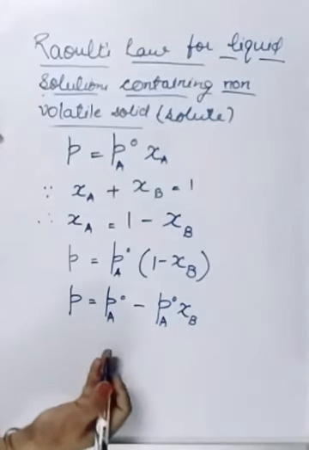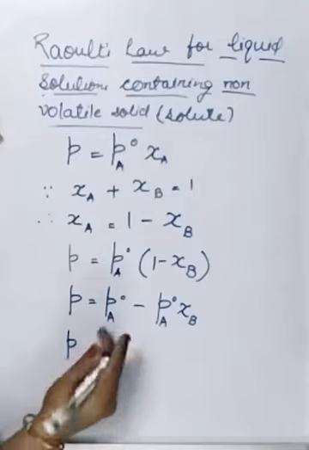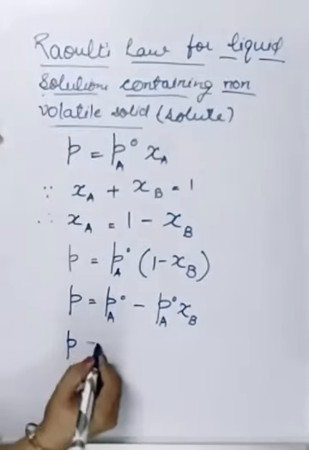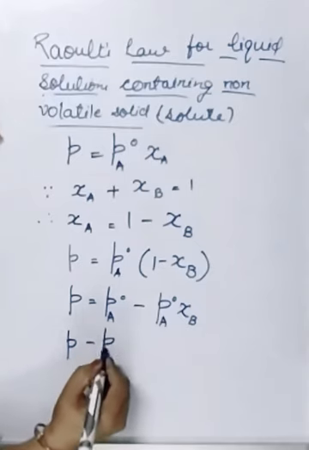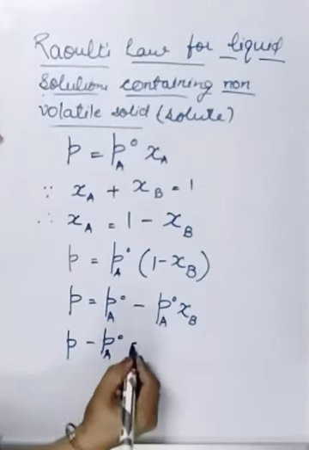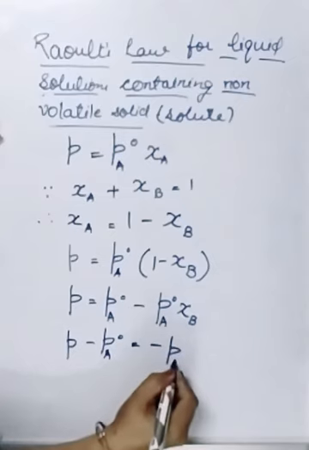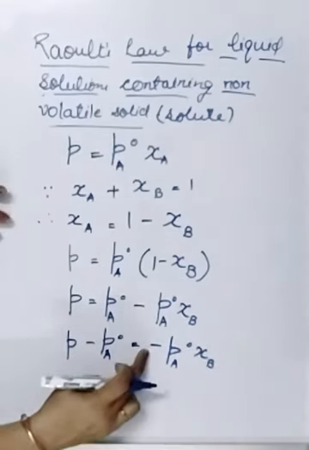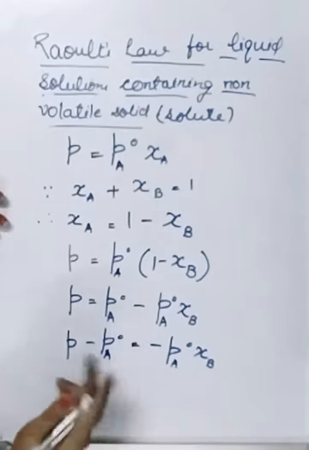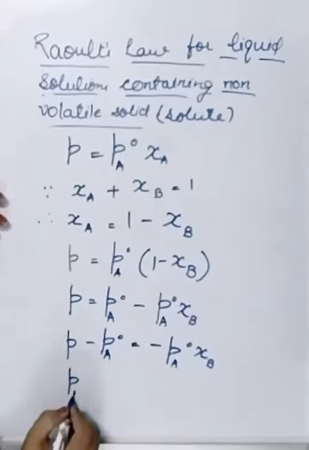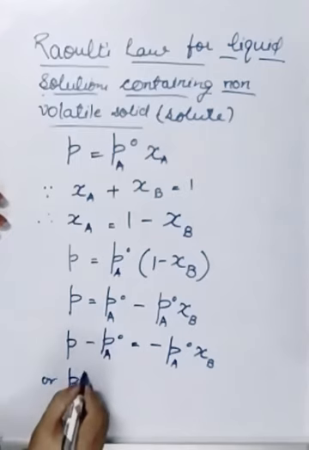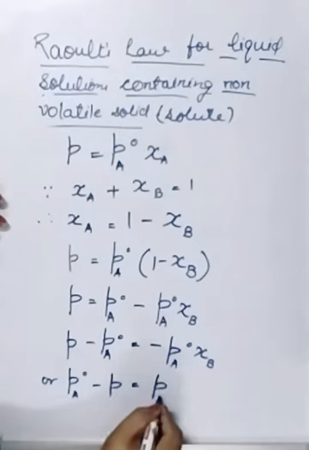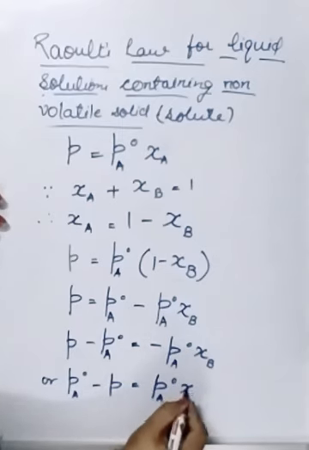Now just solving this, bringing this term to this side, this will be P minus PA naught equals minus PA naught XB. Making the sign opposite, this will become PA naught minus P equals PA naught XB.